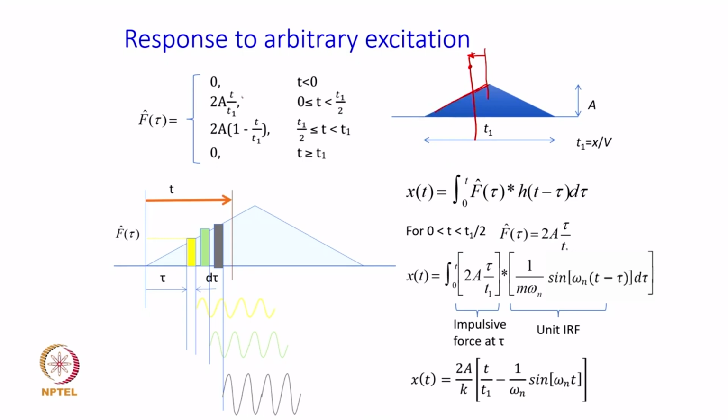The mathematical expression that you use for F cap tau is this, and therefore, that is valid for any t that is less than t1 by 2, that is this particular half time. So, this expression is valid for any time t which is greater than 0, but less than or equal to t1 by 2.